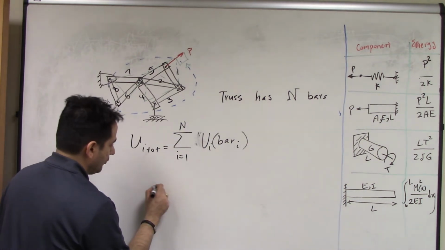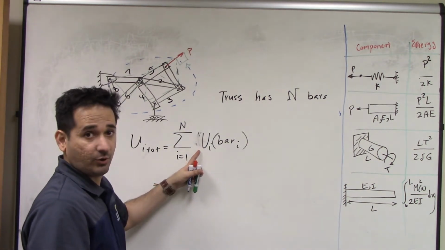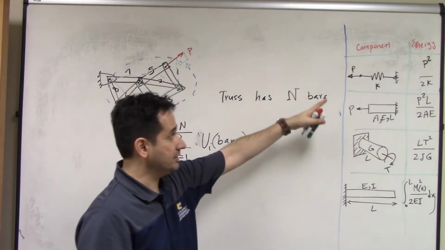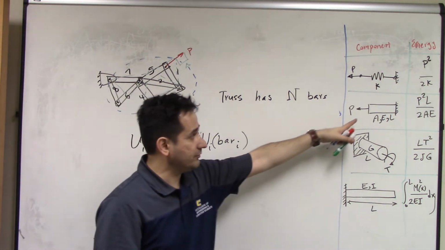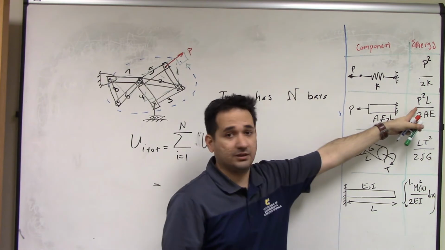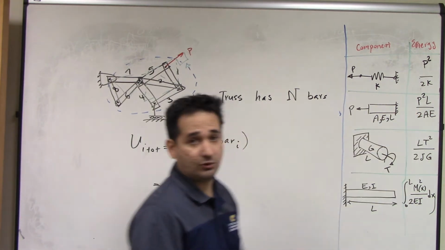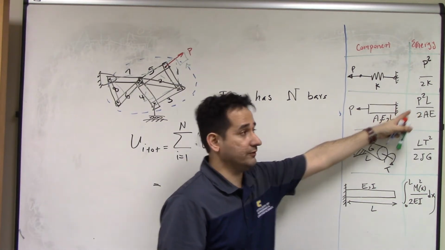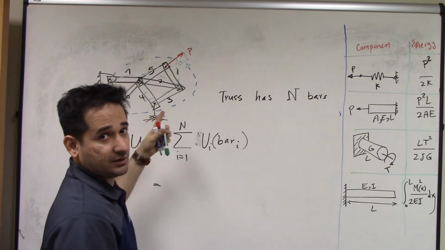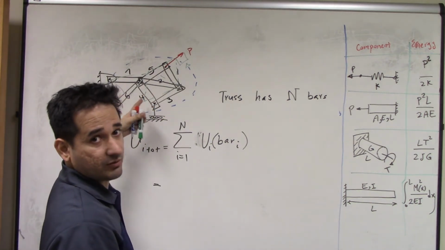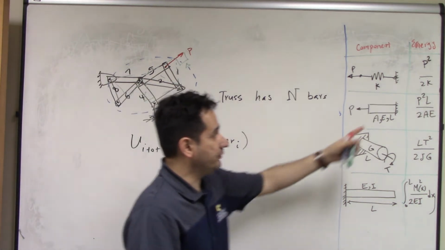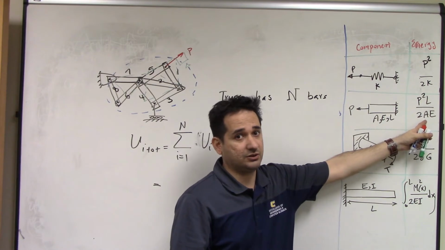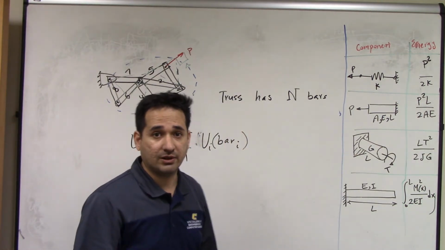Right? So what's the internal energy of bar i, the ith bar? We refer to this table that we drew last class, and we know that for a bar, the internal energy is equal to the force in that member squared. Look, the force is not P in all members. We can find the force in each member of the truss using truss analysis, and you know how to do that. The force in that member squared times the length of that bar divided by 2A, the area of section of that bar, times the modulus of elasticity of that bar. So everything depends on that bar.